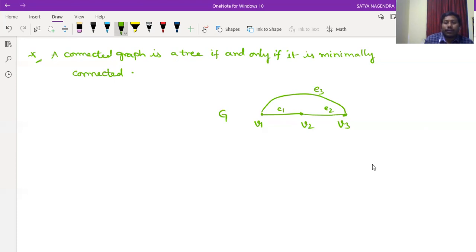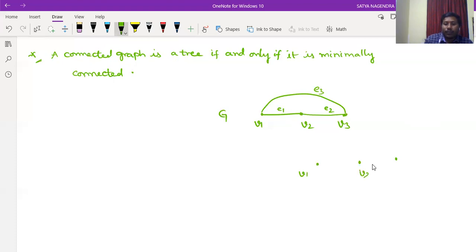So first you have to check it is connected, and if it is minimally connected, then definitely it is a tree. If you observe this graph, if you remove any one of those edges, say we remove E1 here, then see V1, V2, V3.